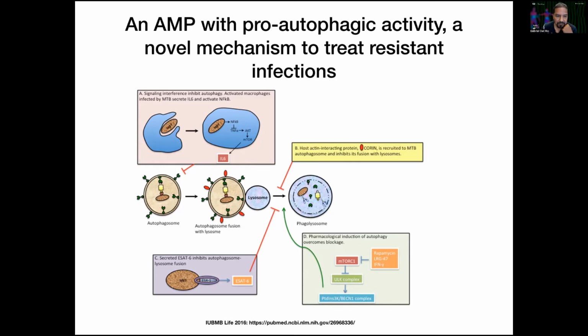So this image is just to explain what happens in the case of a bacterium that has been infecting humans for thousands of years, Mycobacterium tuberculosis. When this bacterium is residing outside of the cells, the immune system will destroy it. So in order to escape destruction by the immune system, the bacteria are internalized inside macrophages.